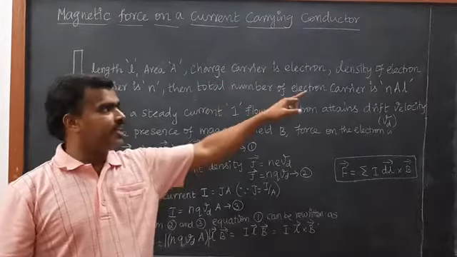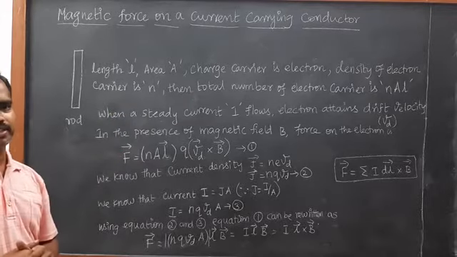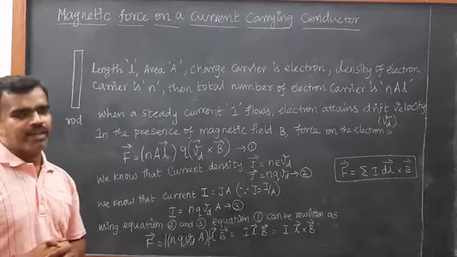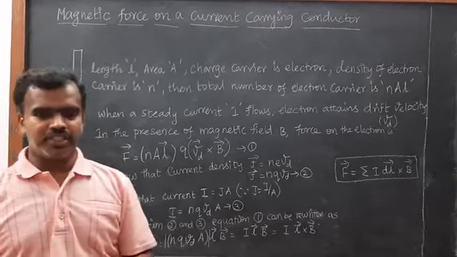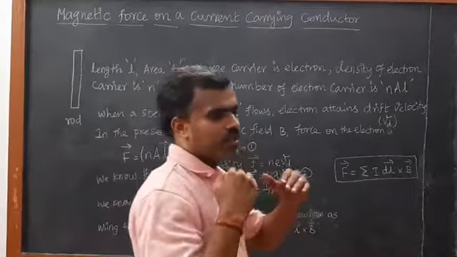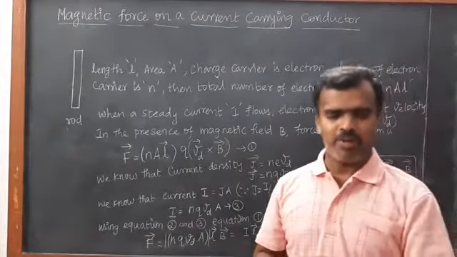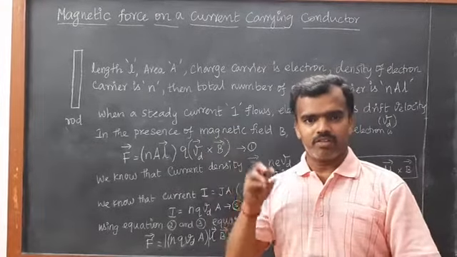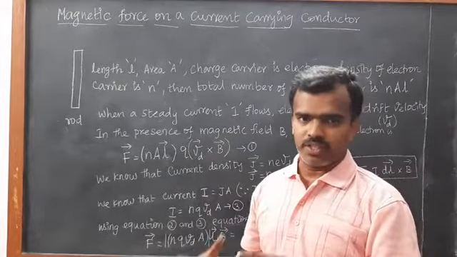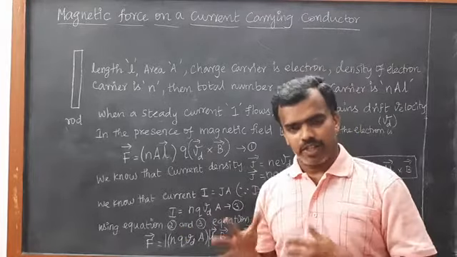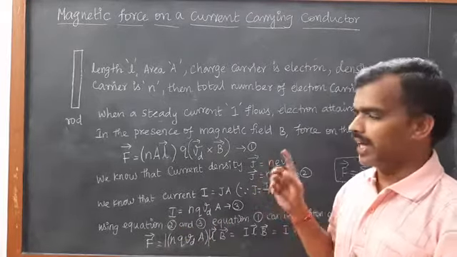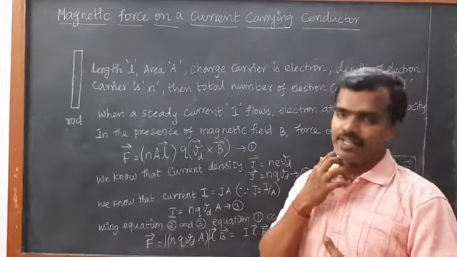The density of electrons is n, and therefore the total number of electron carriers is nAL. The electron density means how many electrons per unit volume, where A is the area and L is the length.